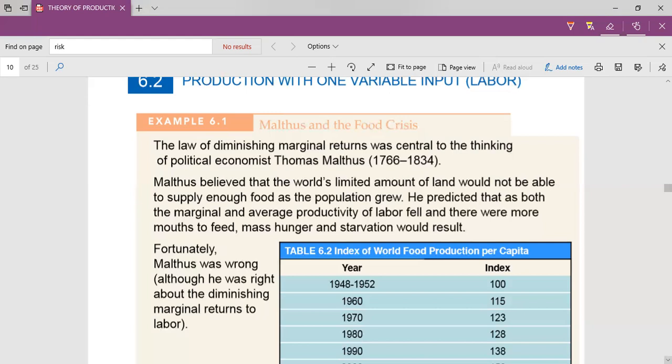For example, we've had people dying during the COVID-19 pandemic. That was Thomas Malthus's thinking. Isn't it true that during periods of epidemics, war, and famine, people die?